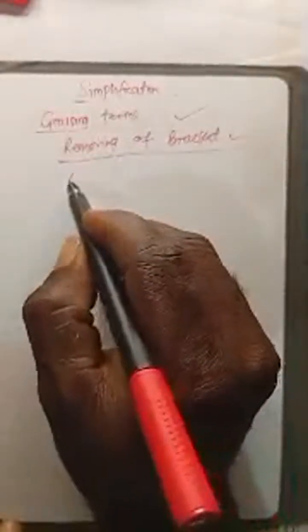In some simplification, there are some terms that you need. Say, for example, you have to simplify a question like this: 4 onto 3x minus 5y plus z.